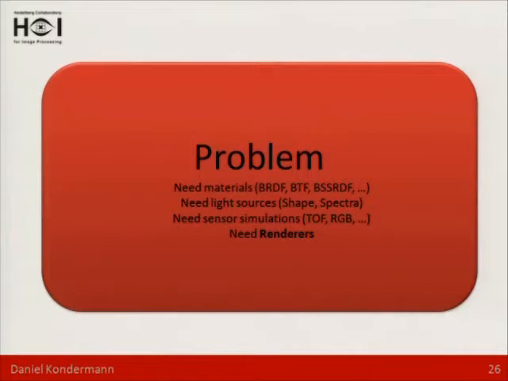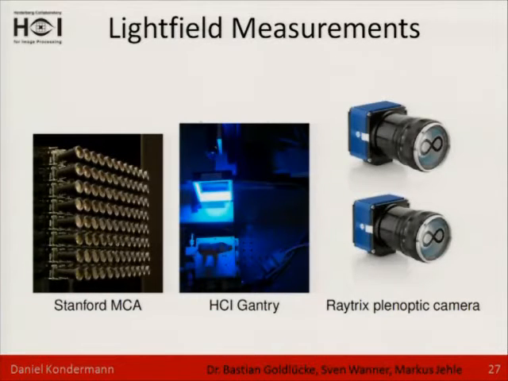But then we still need materials, light sources, and sensor simulations or renderers, and this is something we cannot do. So we have this light field project going on by other people at the HCI, Mr. Goldbücke, Sven Wander, Markus Jeder. They are currently trying to play around with these Stanford-like gantries.